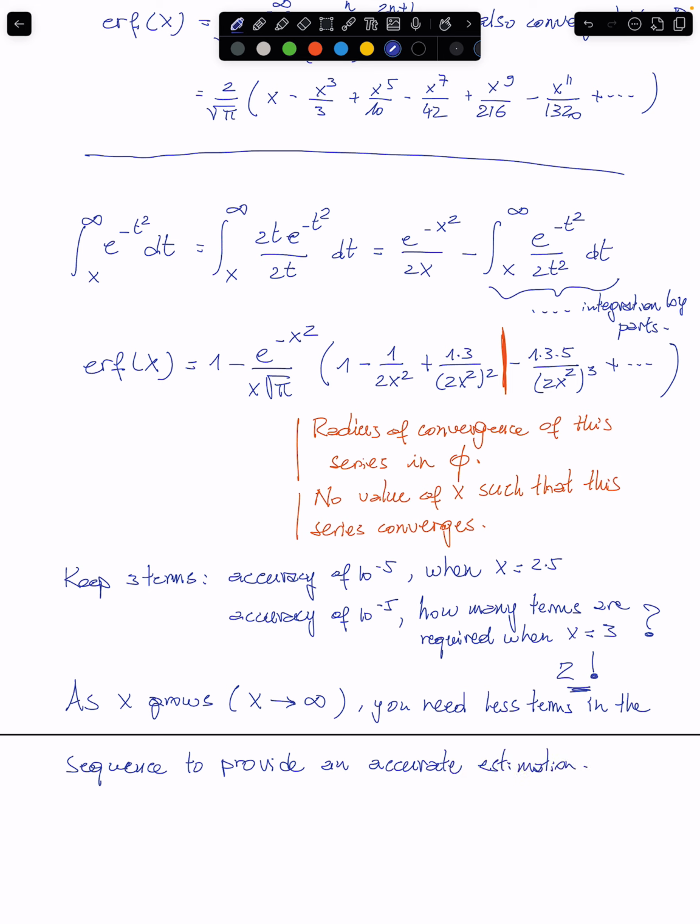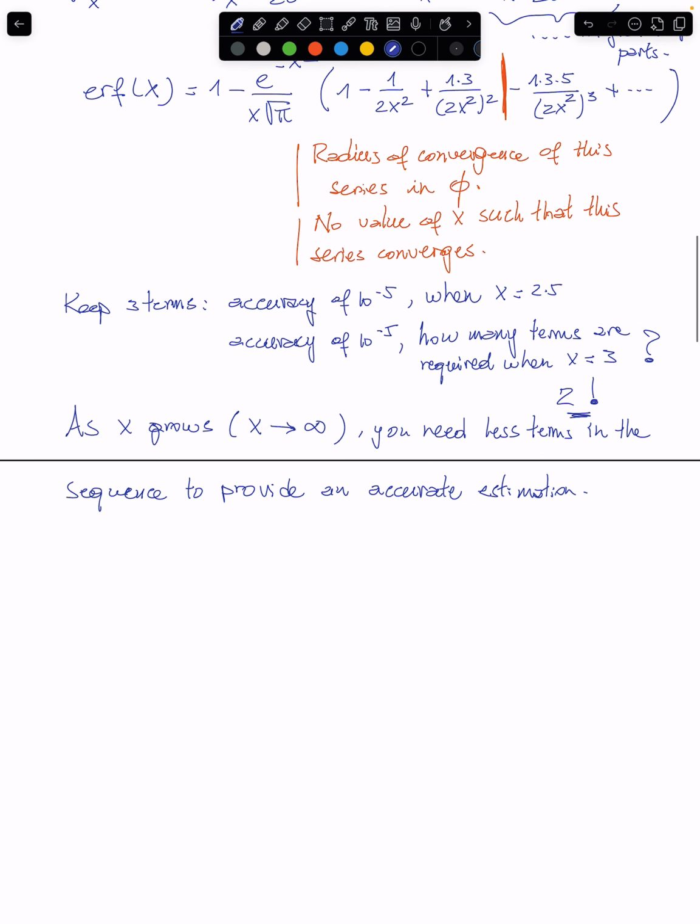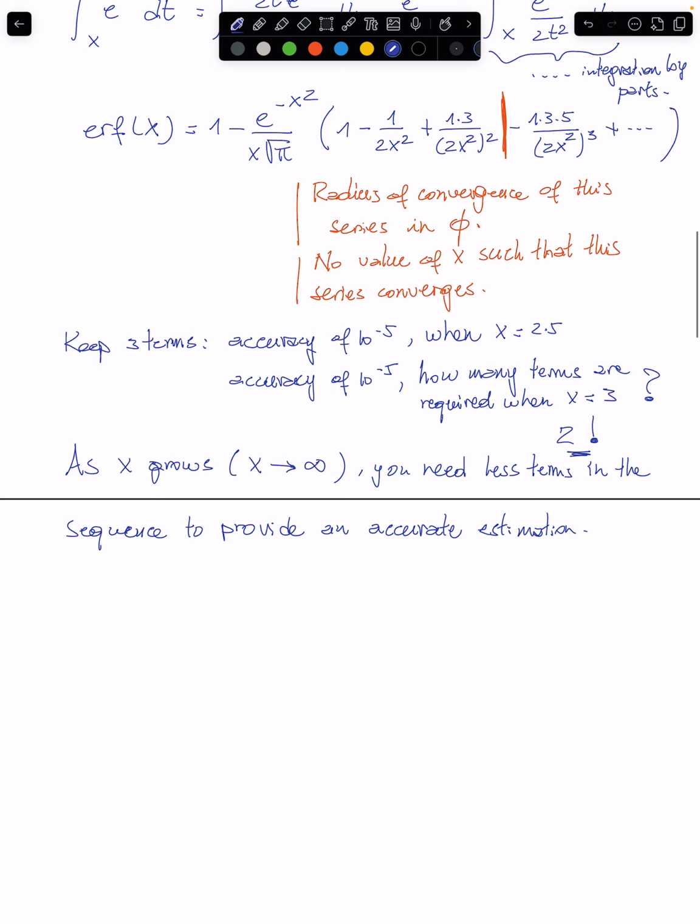And the problem is that if you would keep all terms in the sequence, that would be bad. And that's clearly the definition of an asymptotic series. So this series is asymptotic.